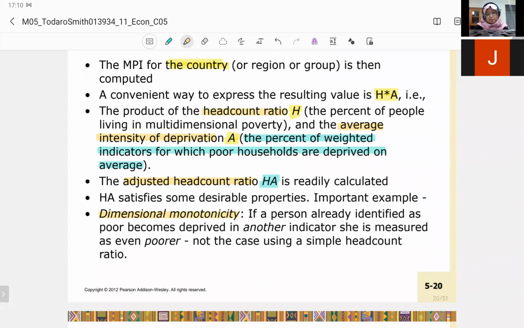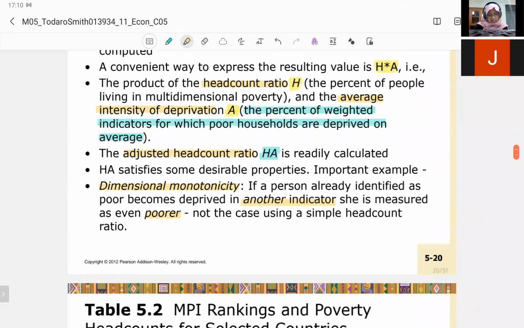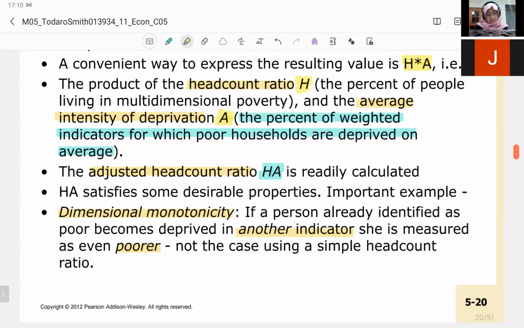It is said that if a person already identified as poor becomes deprived in another indicator, she is measured as even poorer. Not the case using simple headcount ratio. So this is the characteristic of the adjusted headcount ratio.